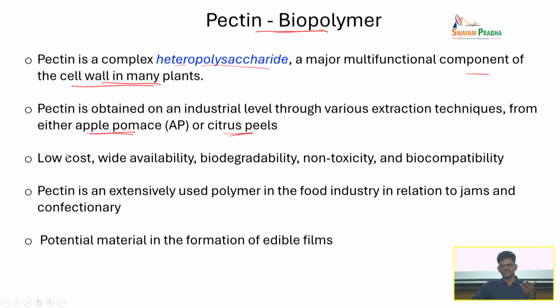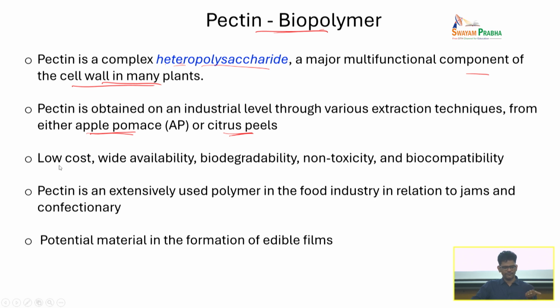Whereas if you consider starch, corn starch or rice starch, these are food materials. Okay, so when we try to make polymers out of those food based materials, then we are affecting the food security issues. Whereas pectin, on the other hand, can be obtained from food waste or fruit wastes.